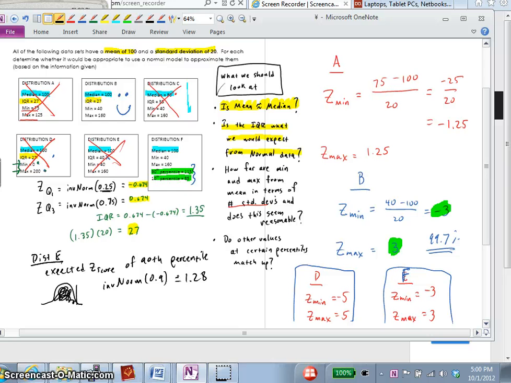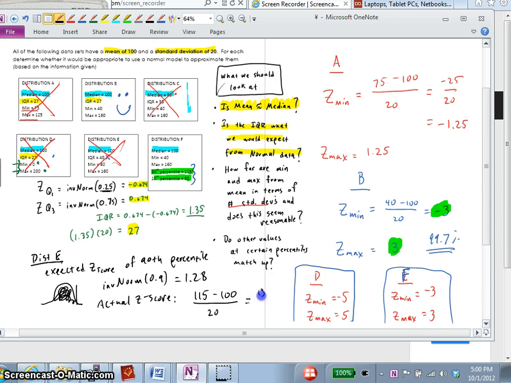All right, so now let's find the actual z-score. So we're going to do 115 minus 100 over 20. Okay, the 90th percentile is 115. The mean's 100. The standard deviation is that.